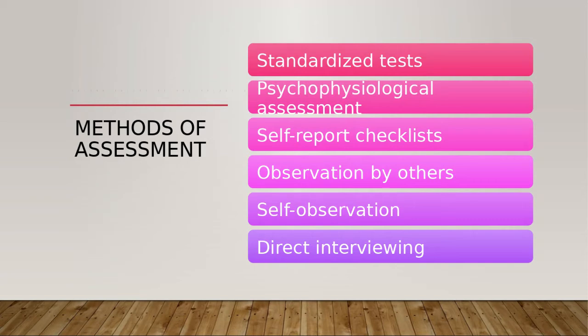So you have them record the number of times a day they worry about their health. You may also have a client who is suffering with pain, and you have them keep a pain log where every time they experience pain, they record the time the pain was experienced, the duration of the pain, and how intense the pain was. And finally, you have direct interviewing.